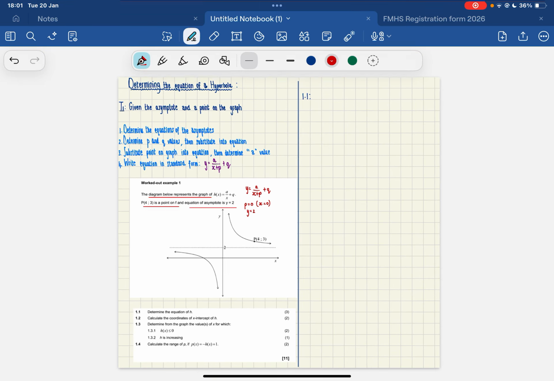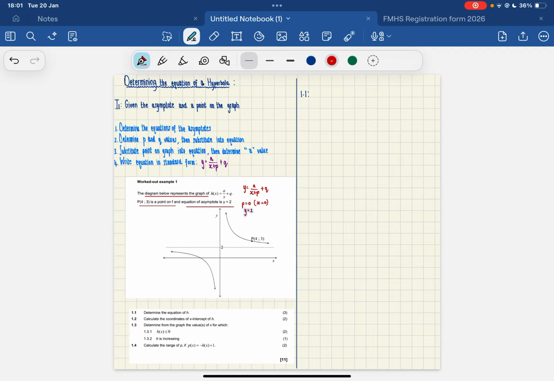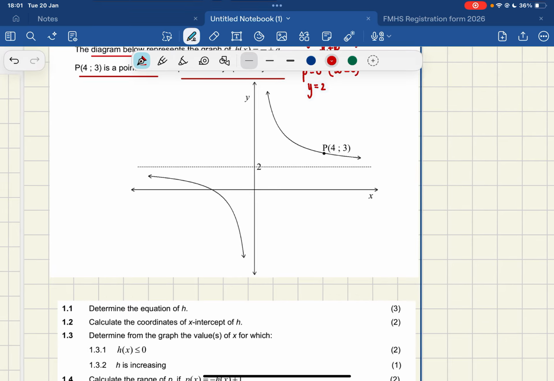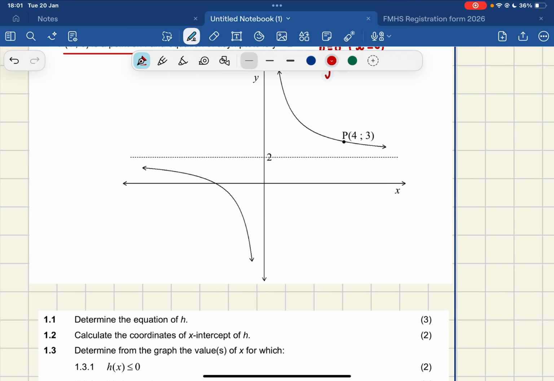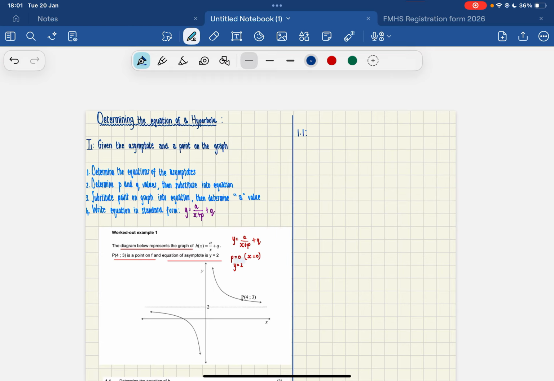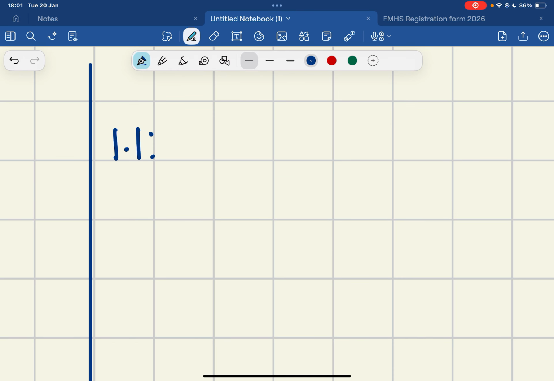Now, that being said, boys and girls, I want us to look at the question. Question 1.1 asks us, determine the equation of h. So the equation of h, as I've said, is y is equal to a over x plus p, plus q.